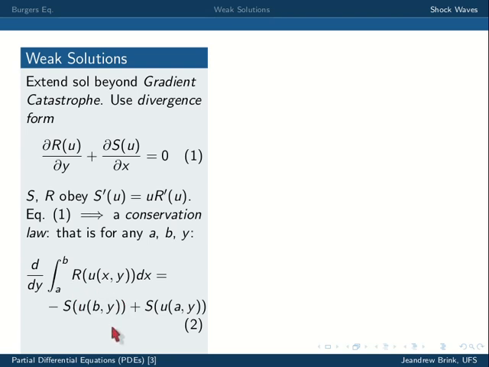So it's just a generalization of what we got in the previous case, and that's what I call a conservation law, where you have an integral expression of your equation equal to this difference.